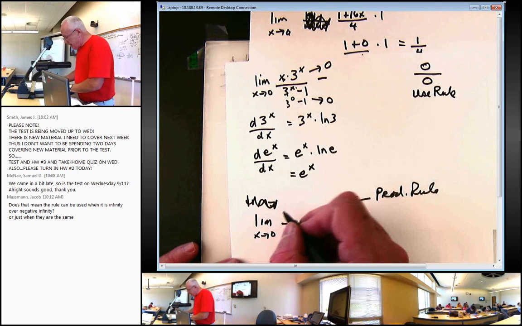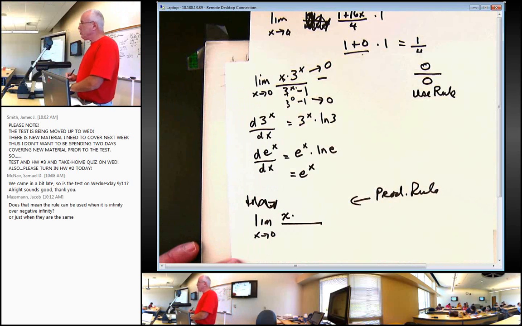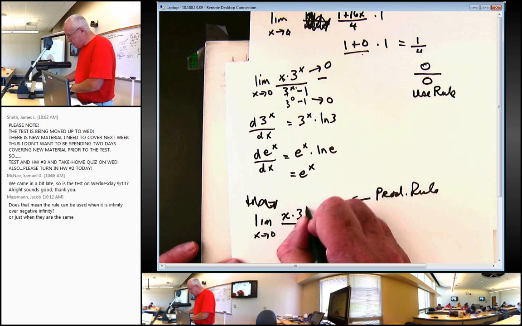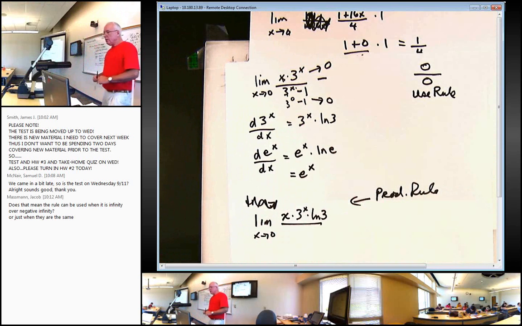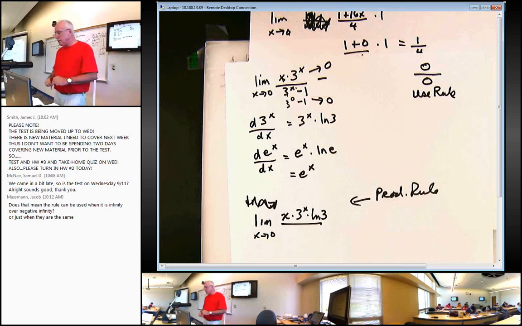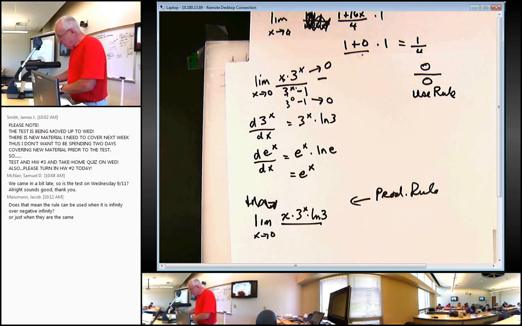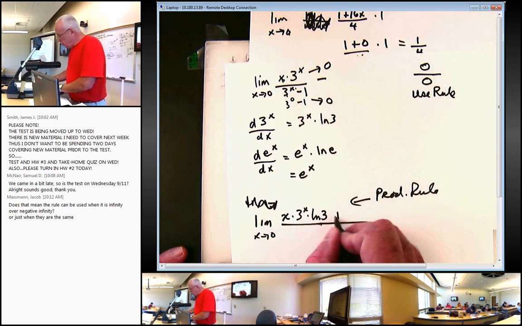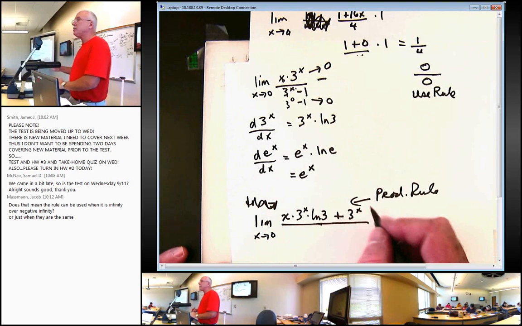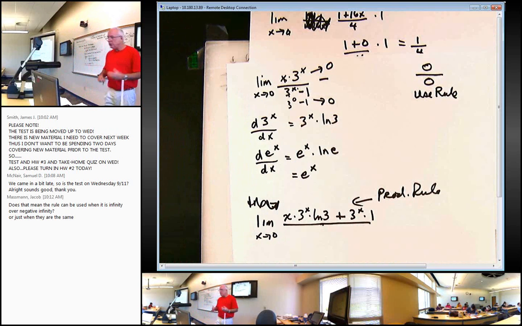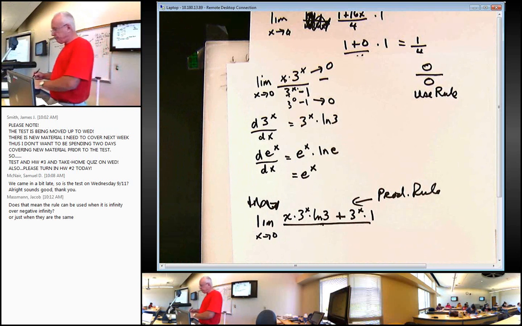Take the x times the derivative of 3 to the x, which is 3 to the x times the natural log of 3. And then plus 3 to the x times the derivative of x, which is just 1. So that's our product rule on top.